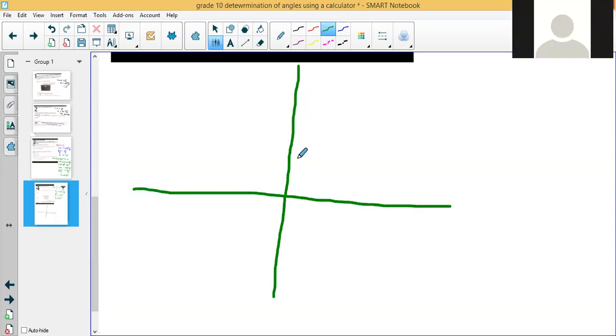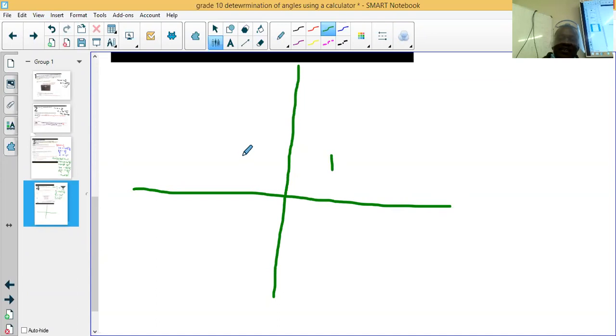Right. How many quadrants do we have? This one is the first, second, third, and then fourth quadrant. Right? Right. Running out of time.